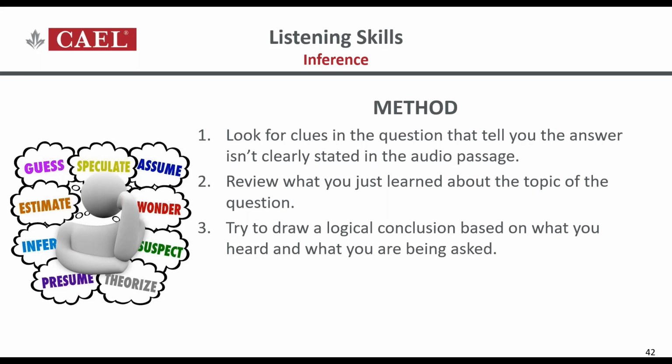So basically, if it says probably, possibly, likely, one of those kinds of words, you know that the answer is not exactly in the passage, and so you need to use your logical skills, which means that it's an inference question. Once you know that, think about what you learned about the topic, and think about specifically what things could relate to the question. And finally, you can think logically to draw a conclusion that will help you to choose the correct answer.